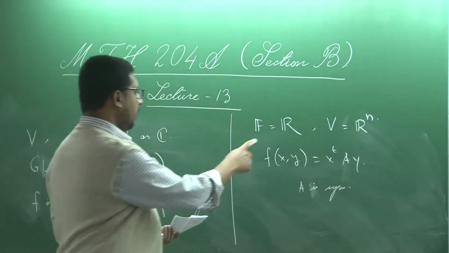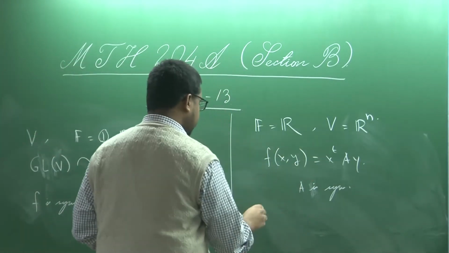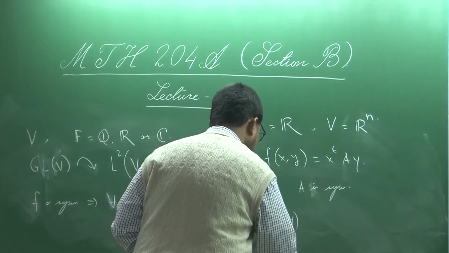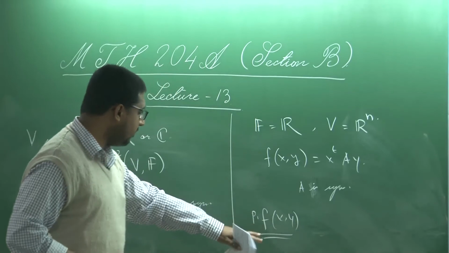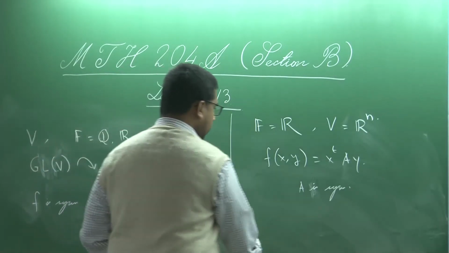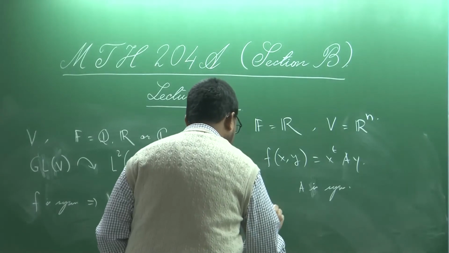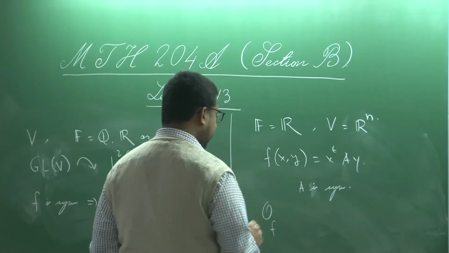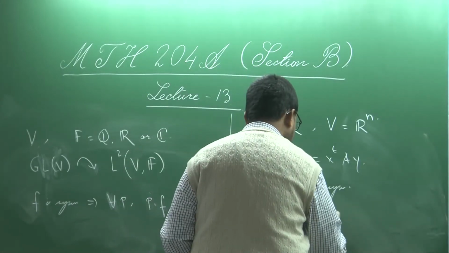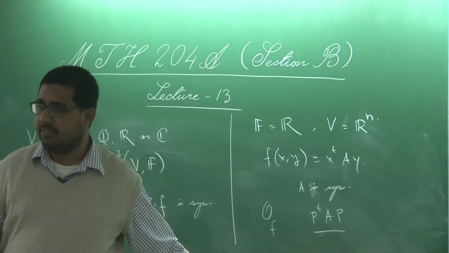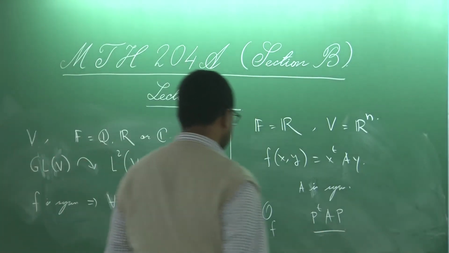Then what is going to be this fellow? So the matrix of anything which lies in the orbit of F. So if anything lies in the orbit of F, let me put it in this way, then its matrix must be of this form for some invertible matrix P, right.